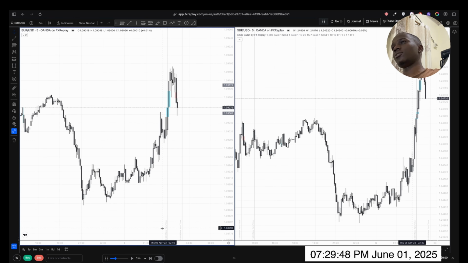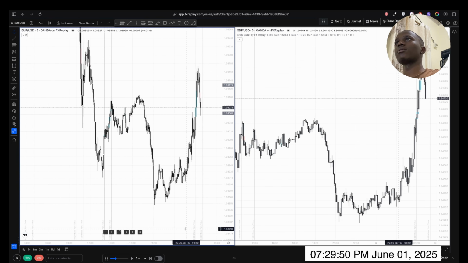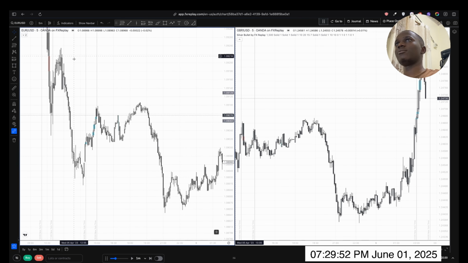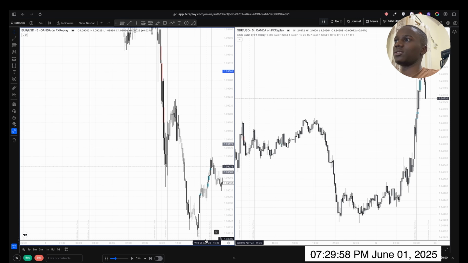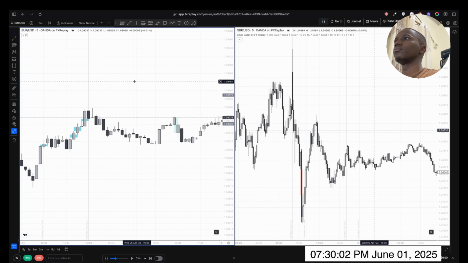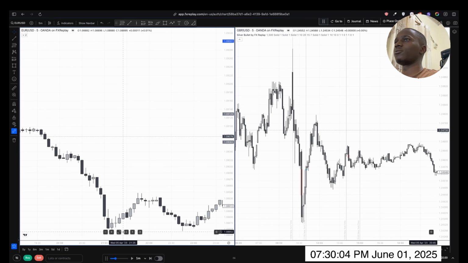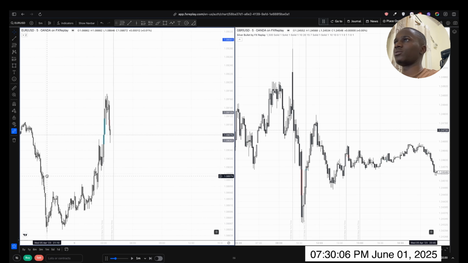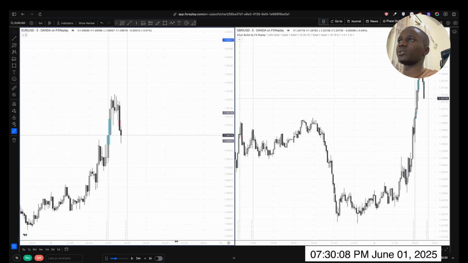Maybe you might look for an entry here, but we have some kind of order block right here. I don't think we should be looking for buys because it will obviously obstruct the entry. Let's just read it.